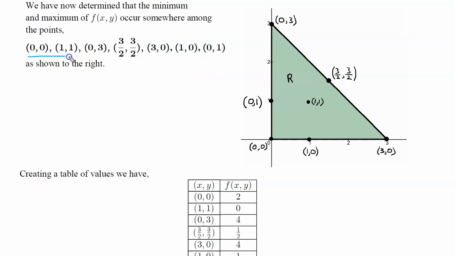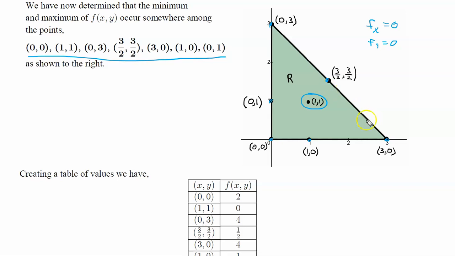here's our list of values that we found. So once again here, this one we found first by just setting f_x equal to 0 and f_y equal to 0. And then we also found these boundary points.